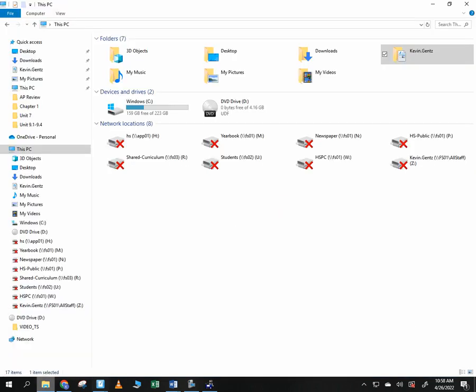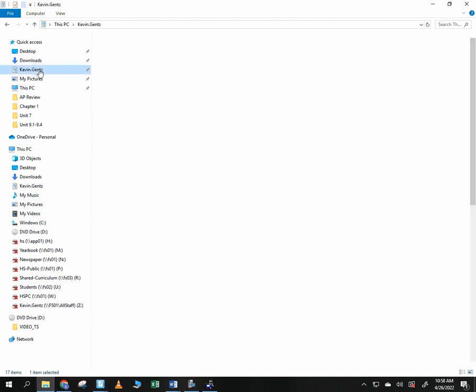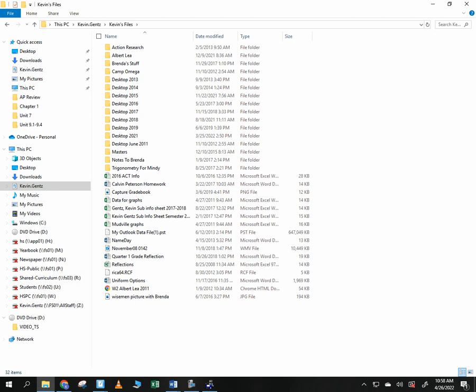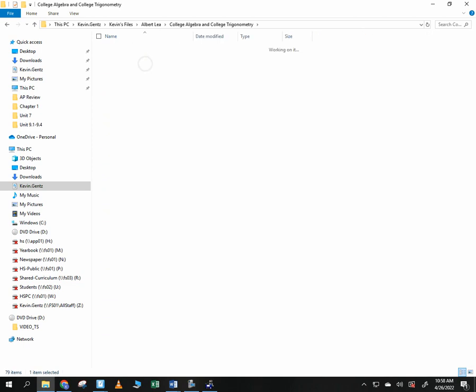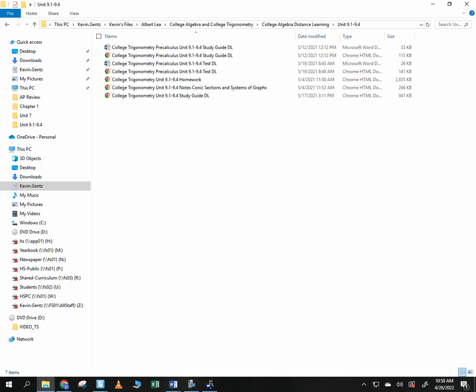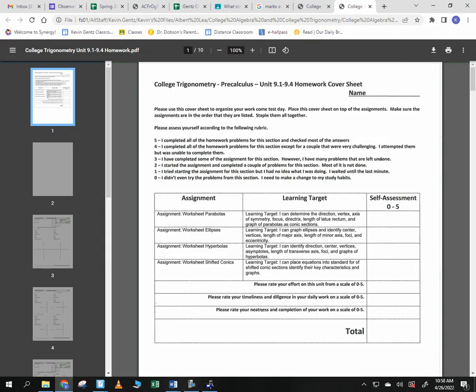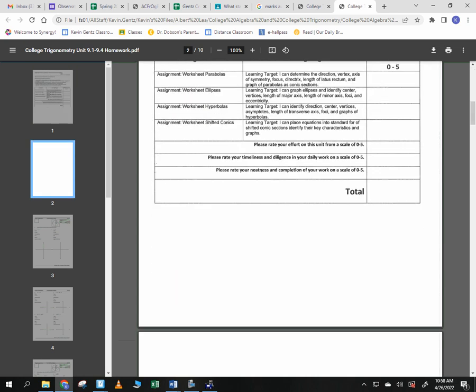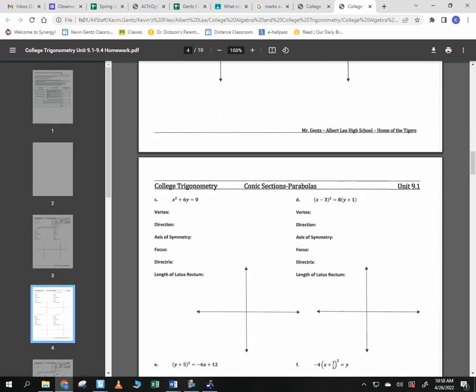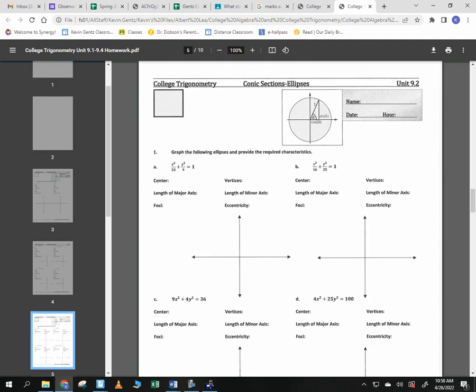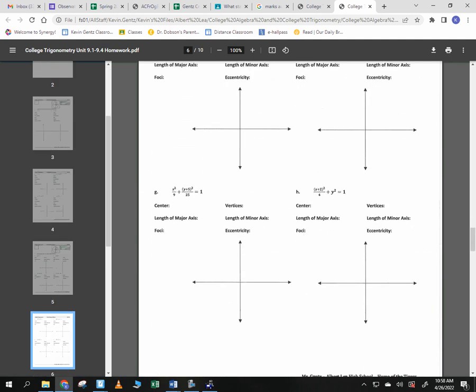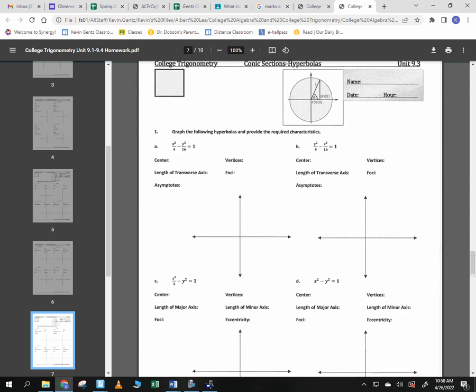Please take out your worksheet. Parabolas, ellipses, hyperbolas.